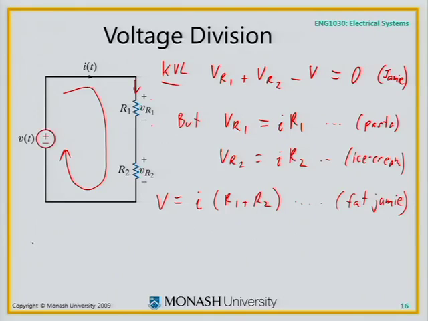So if that's true, I know that I is V on R1 plus R2.